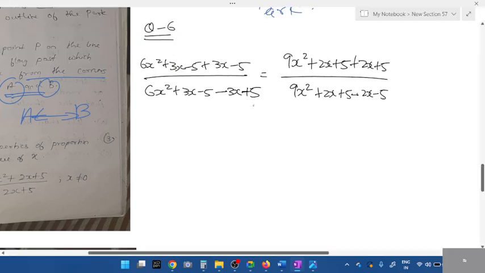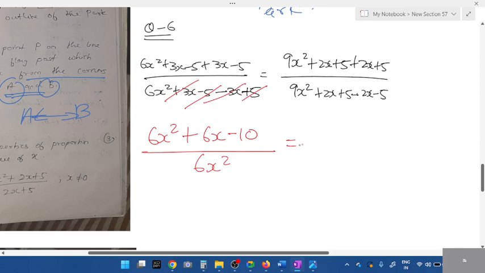The sixth question. Even if you all haven't done it, no problem, students. Concentrate. Try it later. Now, first part, numerator. 6x square plus 3 3s are 6x minus into minus 10, divided by, these two will get cancelled and these two will get cancelled. 6x square is equal to 9x square plus 4x plus 10.